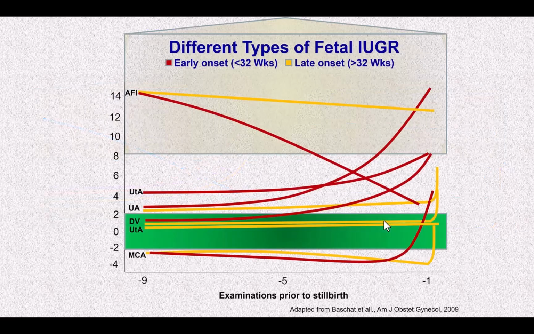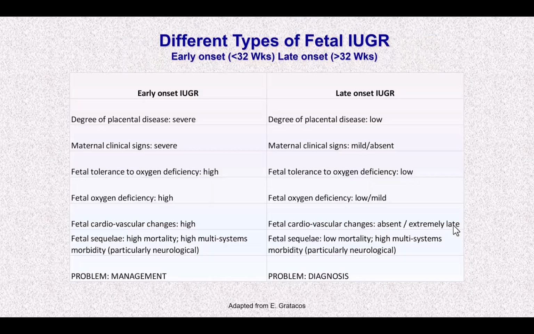Here you can see the combination of the different types of fetal IUGR. Early onset in red, late onset in yellow. You can see on the left we have the early onset, on the right the late onset. If we look at the difference, we can see that the degree of placental disease is very severe in early onset IUGR, but low in late onset.